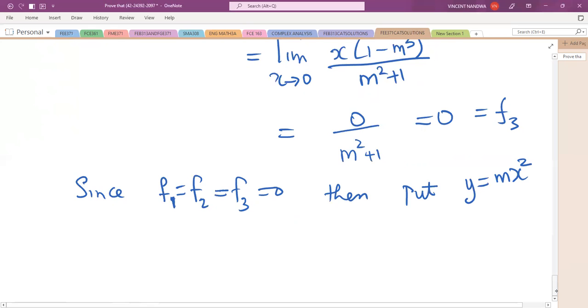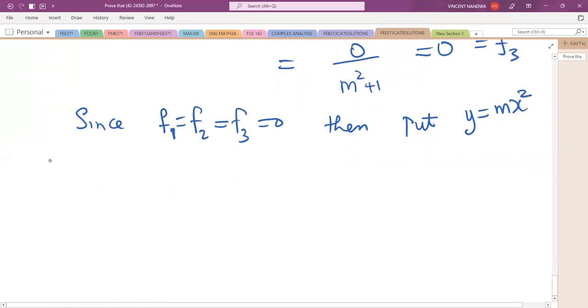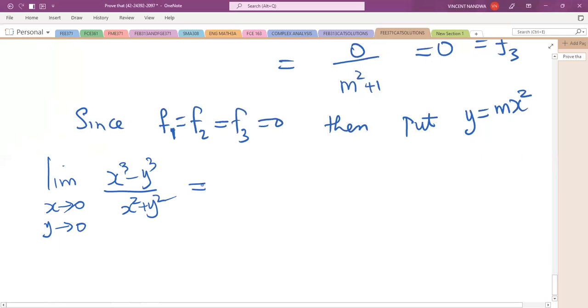But let's see. So we'll have the limit as x approaches 0, y approaches 0, of x cubed minus y cubed divided by x squared plus y squared given by the limit.